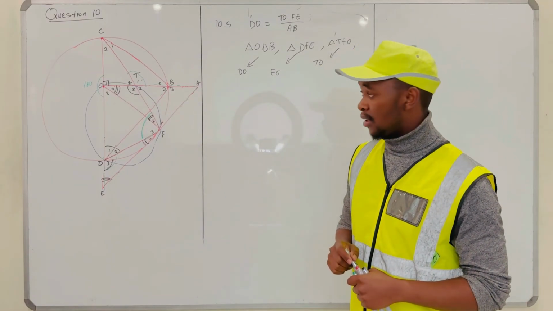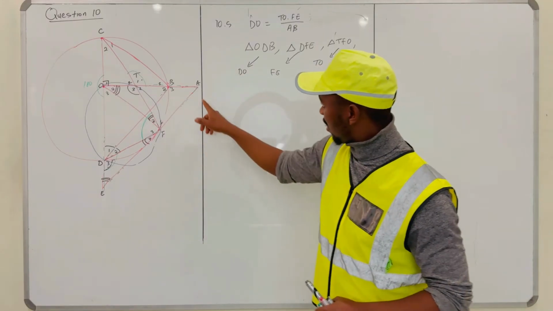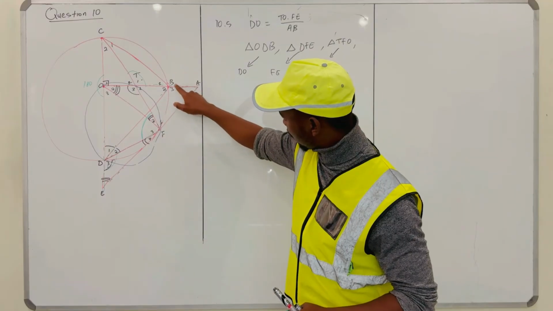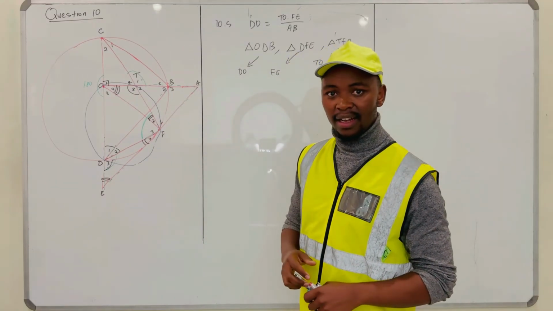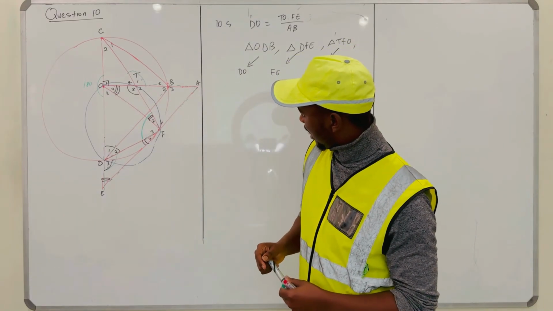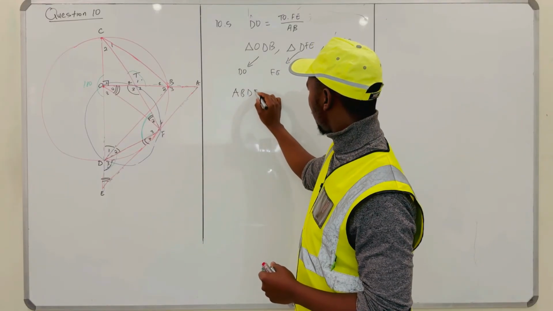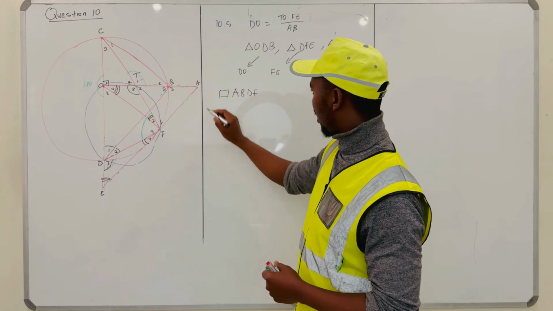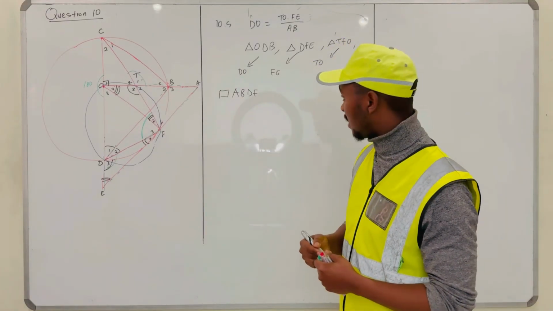We cannot link it to any triangle because AB forms part of this quadrilateral shape, ABDE. This is just a quadrilateral, a shape that has 4 sides.